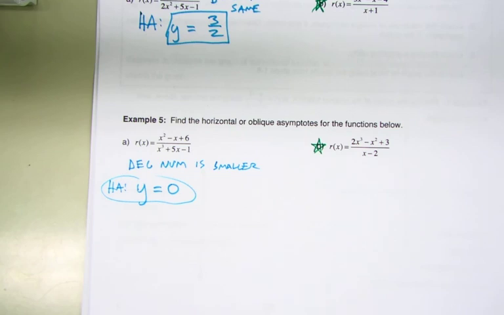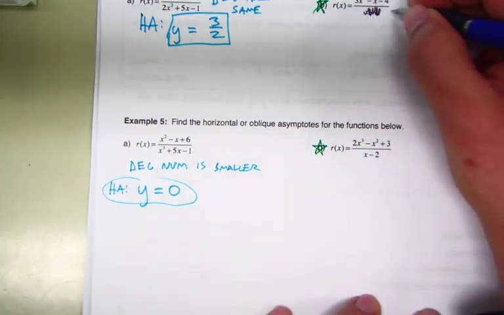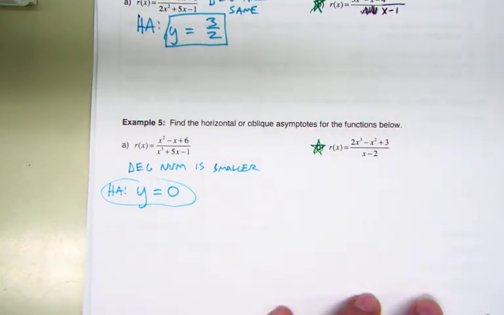Okay. I'm going to modify this example here. Change this to a -1, x minus 1 down here in the denominator. Okay, sorry about that. But I think for our purposes, this will work better.